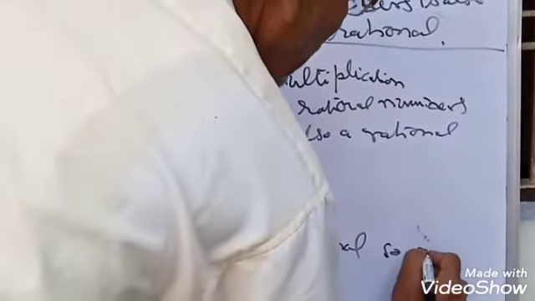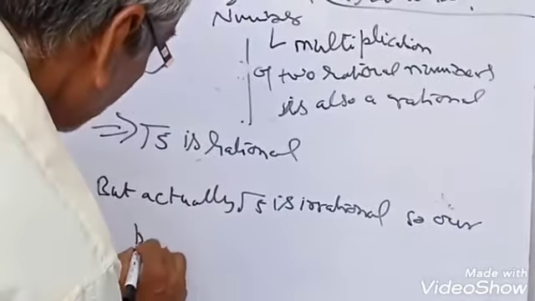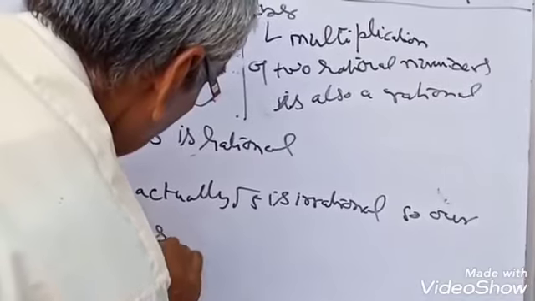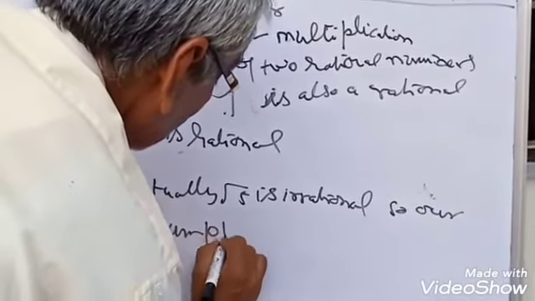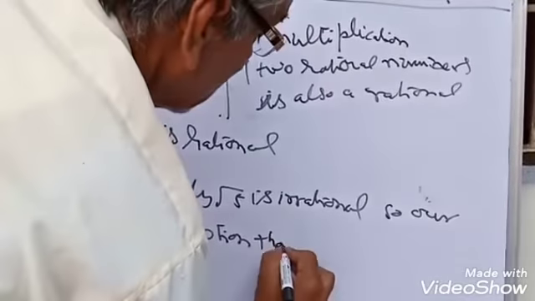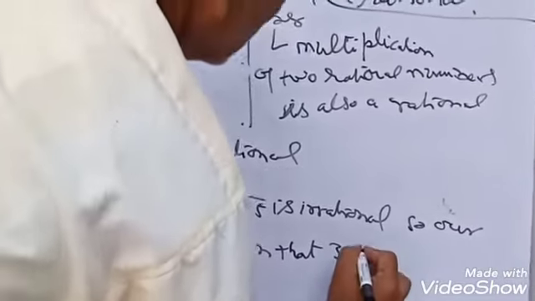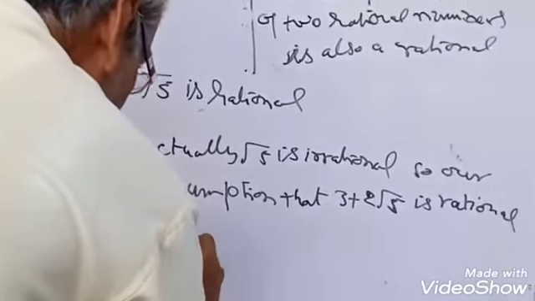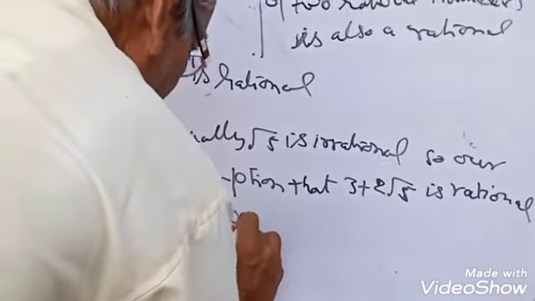So our assumption that 3 plus 2 root 5 is rational is totally wrong.